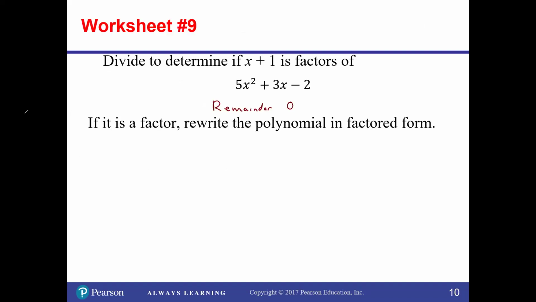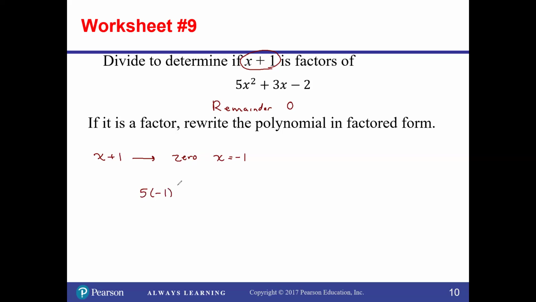So as an example, these last two problems we did. If I want to see another way what the remainder would be, we did this division and got a remainder of 0. So f of -1 would mean that I have a 0 if this was a factor at x equals -1.